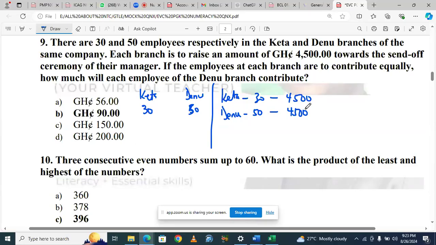Now continue. The employees at each branch are to contribute equally. Pause. What does it mean if they are to contribute equally? 4,500 over 30. That's right.